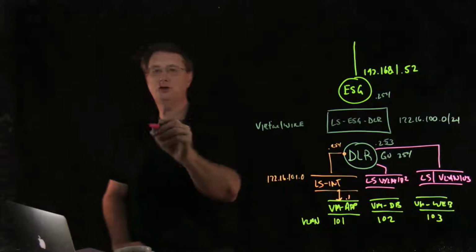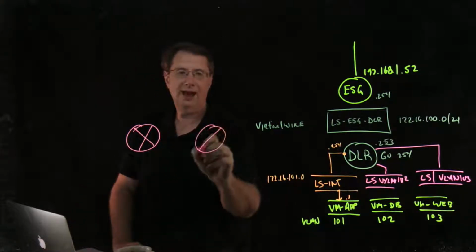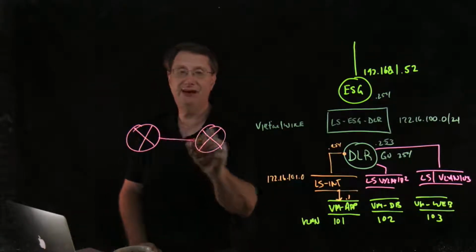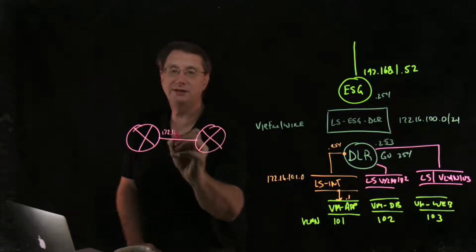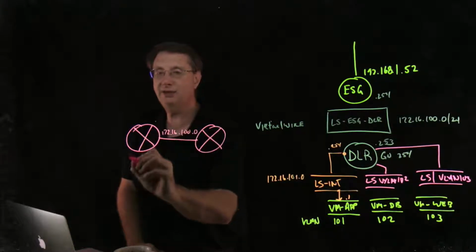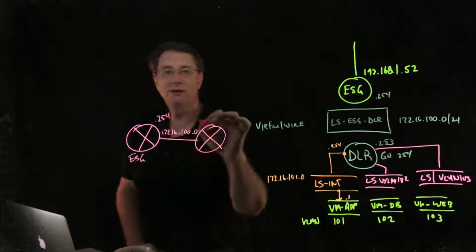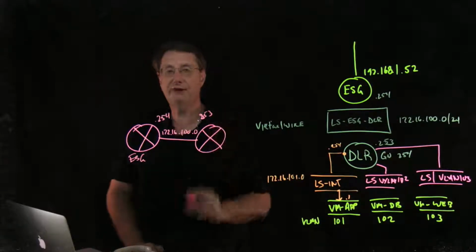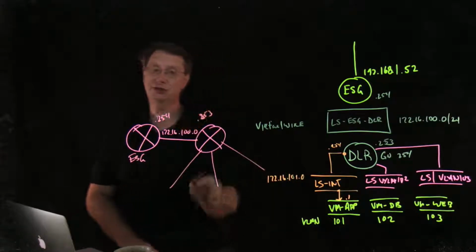So if I were to just draw these devices out, and I have these devices as just regular routers, and I have an Ethernet segment between them, we know that that Ethernet segment is 172.16.100.0, where this guy, who is the ESG, has an IP address of 254. This guy has an address of 253. We also know that there are 3 network segments connected to this router.